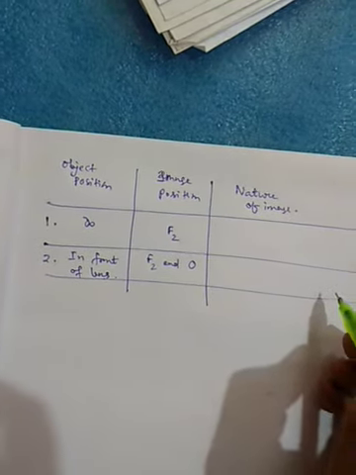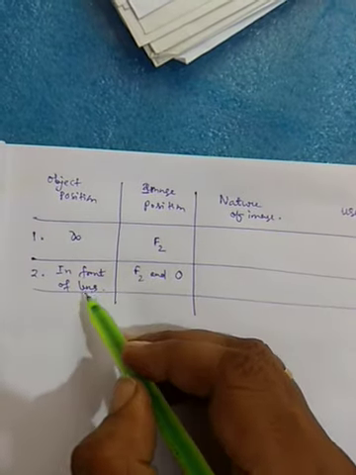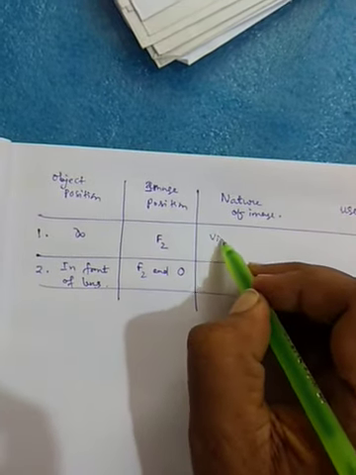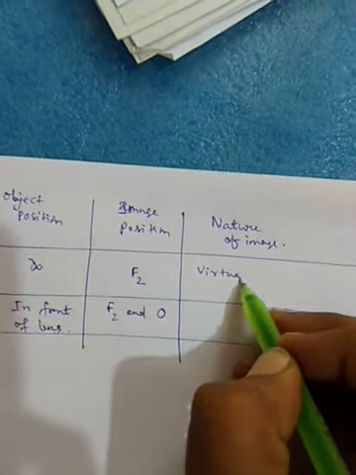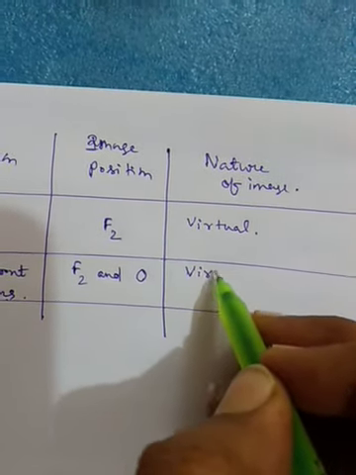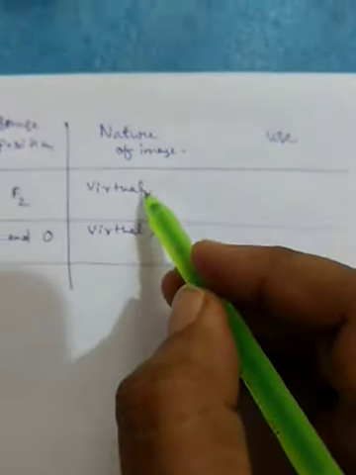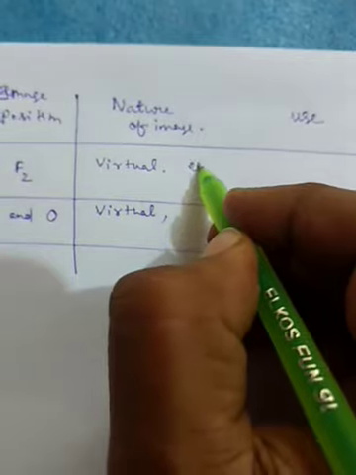Nature of the image: here all the images are virtual when the object is real, as in a plane mirror. That means the image is formed on the same side as the object. As the nature of the image is virtual, it will be erect.